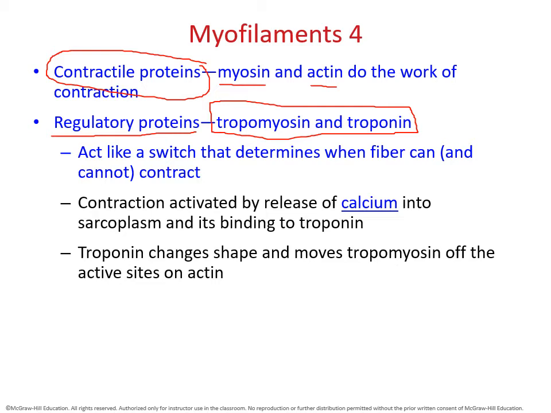And then the troponin is the little doorknob that sits there waiting for calcium to arrive so it can move the tropomyosin out of the way and therefore allow a physical contact to occur between the thick and the thin filament. So calcium is very important at this point because it will be one of the requirements to get our thick and our thin filaments to interact with each other.